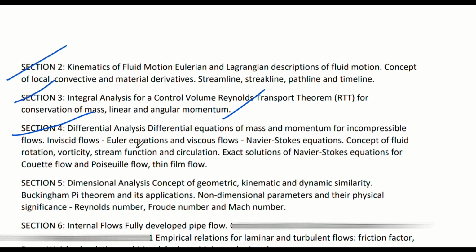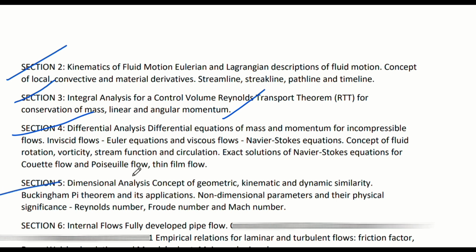Section 4, Differential analysis: differential equations of mass and momentum for incompressible flows, inviscid flows, Euler equations and viscous flows, Navier-Stokes equations, concept of fluid rotation, vorticity, stream function and circulation, exact solutions of Navier-Stokes equations for Couette flow and Poiseuille flow, thin film flow.